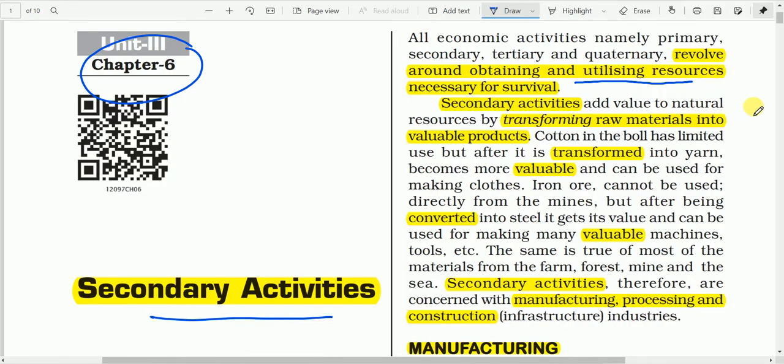I think in the lower classes you might also have learned about the meaning and importance of secondary activities, and the same is given here in this big paragraph.